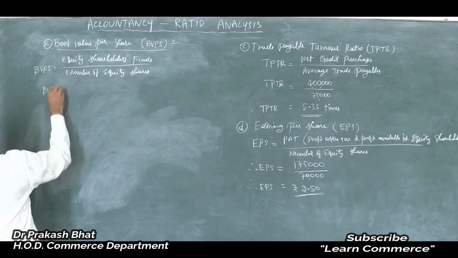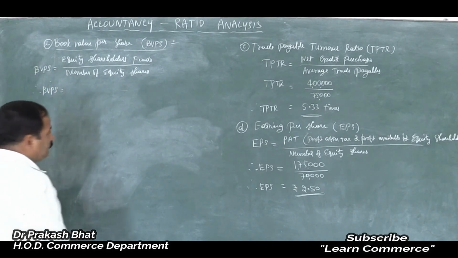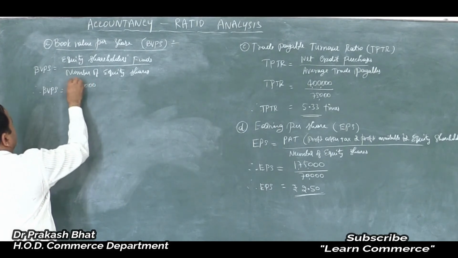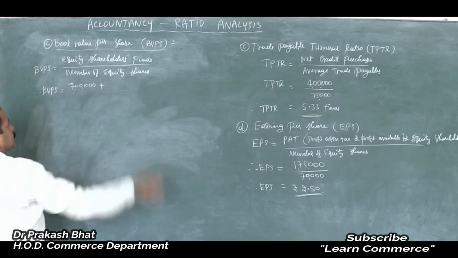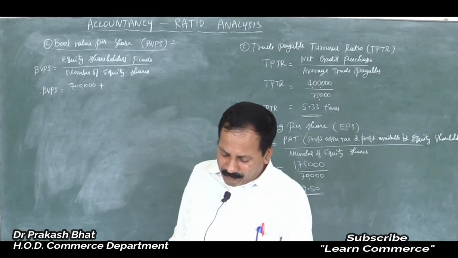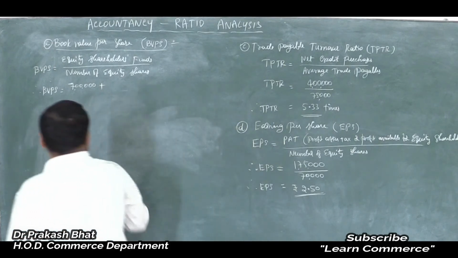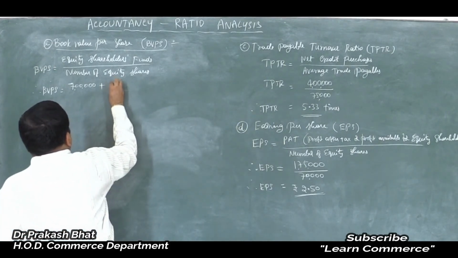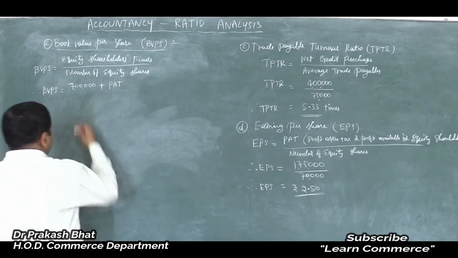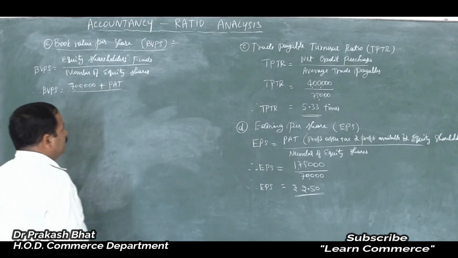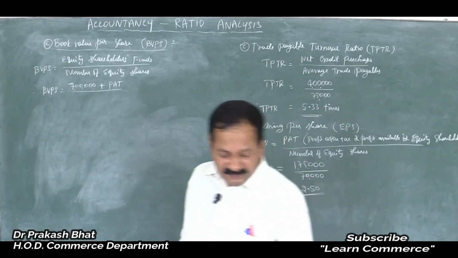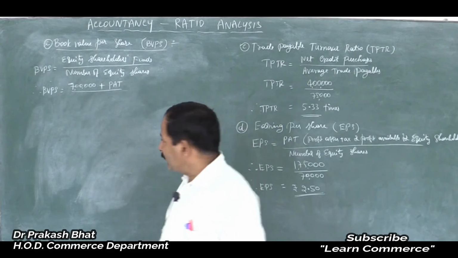Therefore BVPS is equal to how much? 7 lakh, that is share capital that is to be distributed, plus net profit after tax, that is PAT, divided by number of equity shares. How many shares were there? Is it 70,000? Yes, it is 70,000.